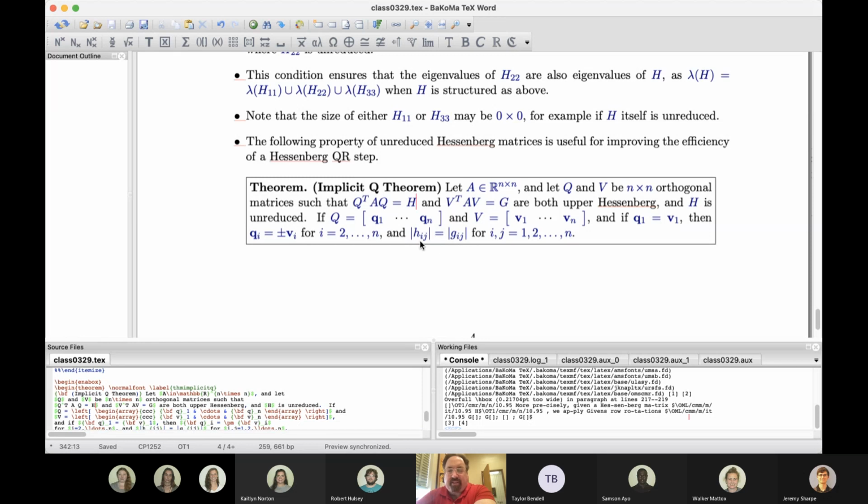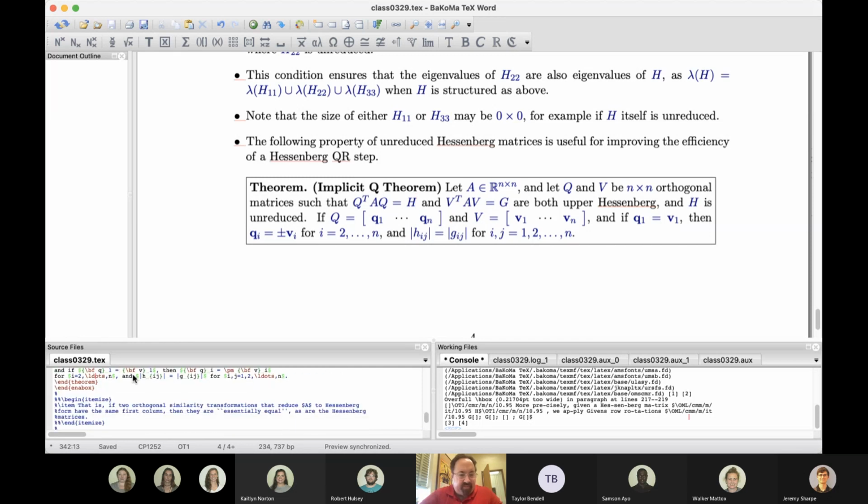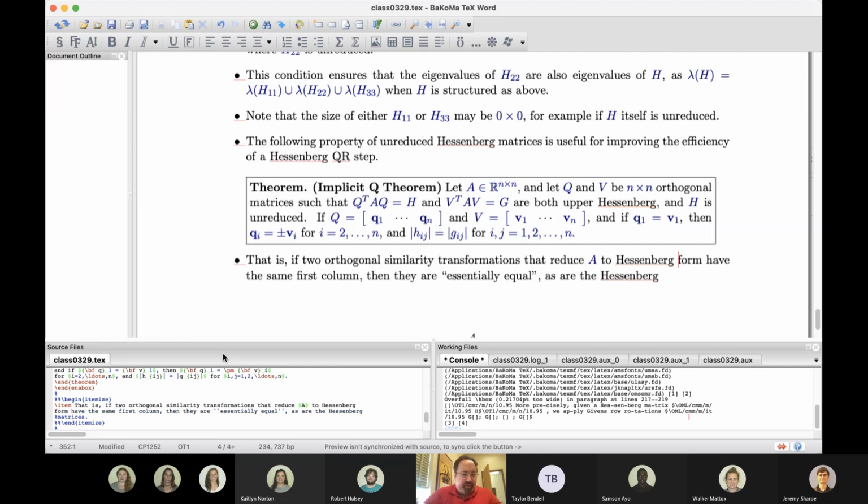What's particularly important here is that H is unreduced and G is also unreduced, so they have zero and non-zero entries in the same places. The term that we use for this is they're essentially equal.